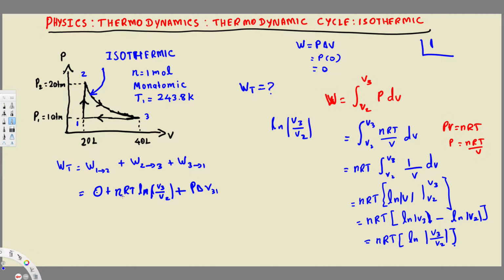Do we have n, that's 1 mole, and we know there's a gas constant, T. For this one, since it's isothermal, the temperature is going to be the same, right? But we have to know T2 or T3, one of them, to calculate that one. Because we only have T1, we don't have T2 or T3. So we have to calculate that one. So let's see how we can find that one, right?